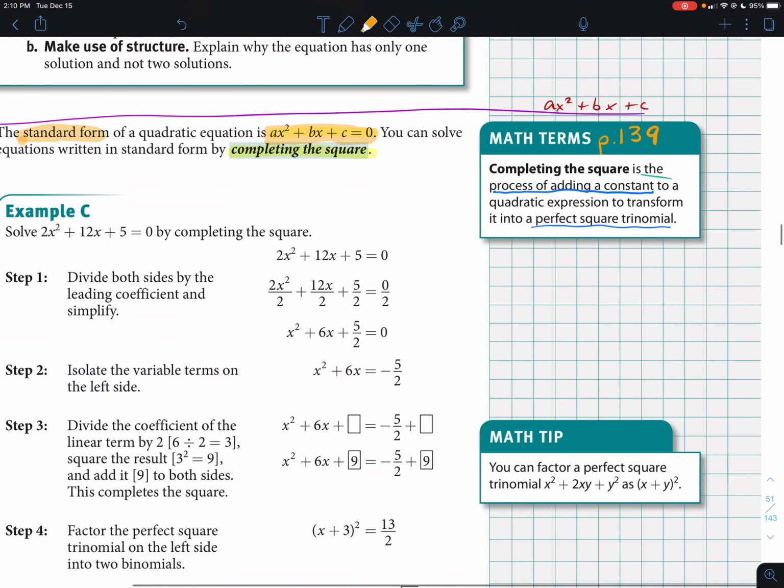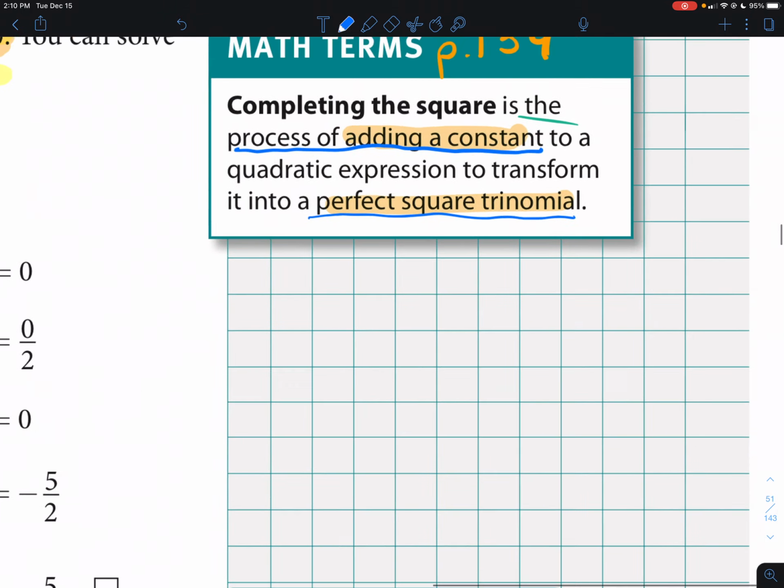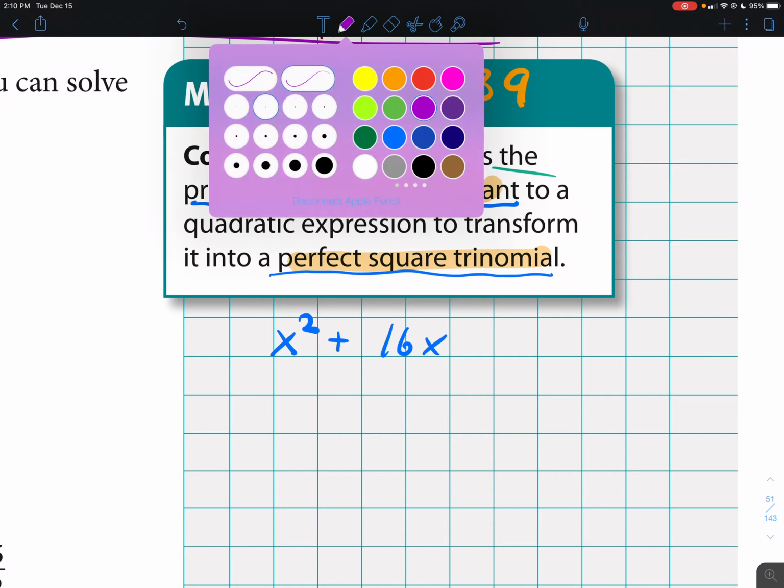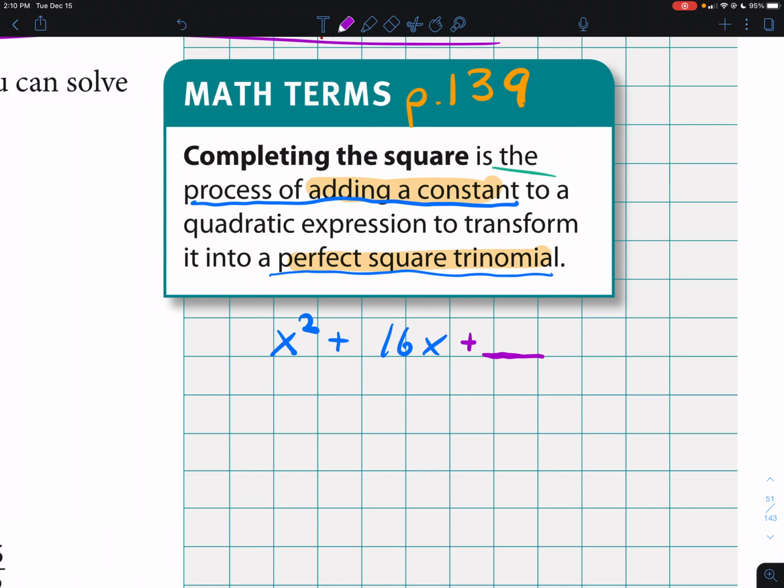So it's the process of adding a constant to a quadratic expression to transform it into a perfect square. So our example could be here, x squared plus 16x. What constant could I add to this to make it a perfect square? Well, using that pattern, 2 times what gave us 16?